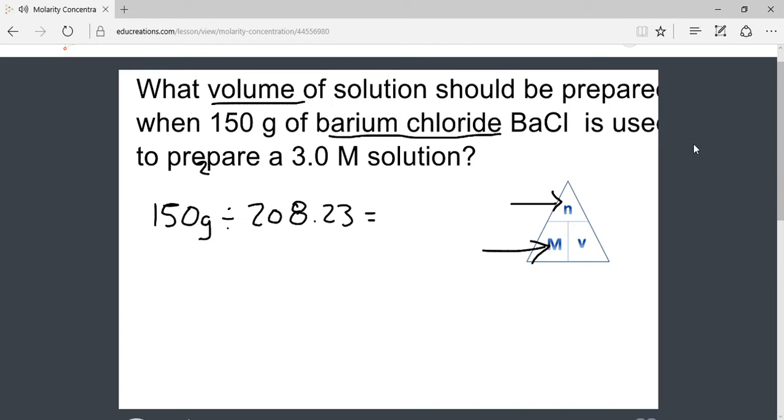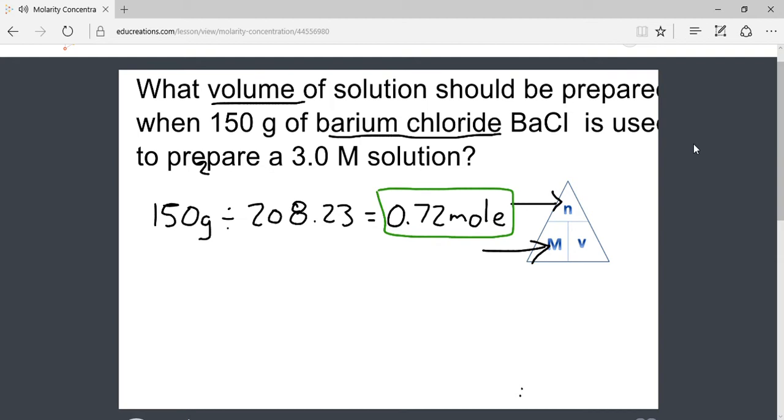By simple division, we create the mole amount necessary to continue with the problem. This reveals an amount of 0.72 moles of barium chloride. We now have the mole amount needed to continue to solve, or N.